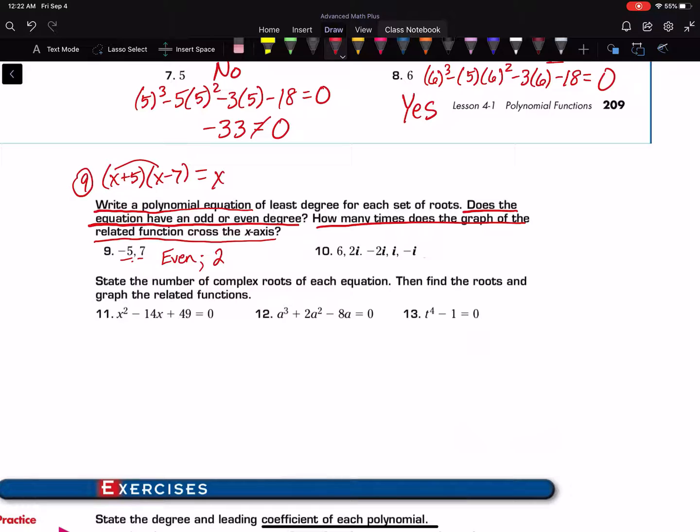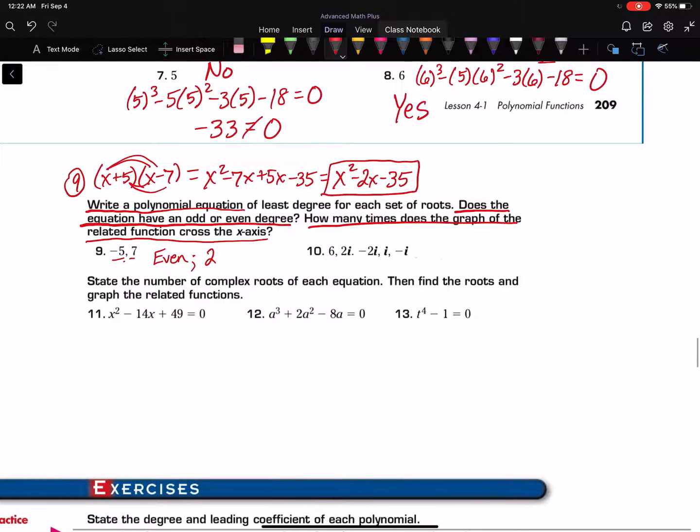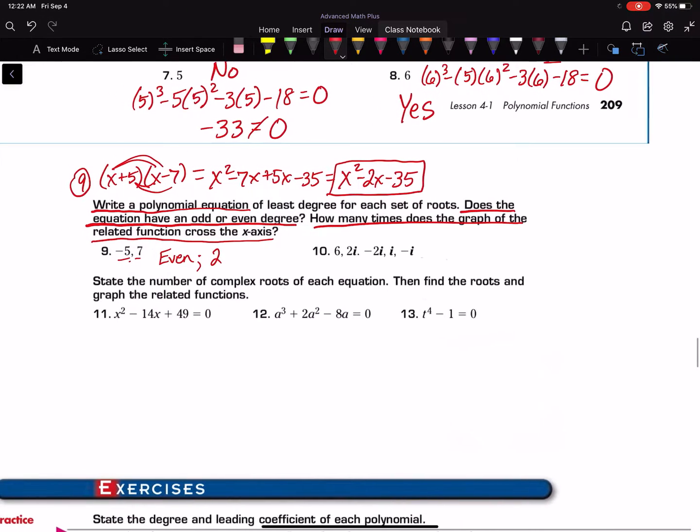So that's x squared minus 7x plus 5x minus 35. And then you add your like terms, and you're done. That is your polynomial.